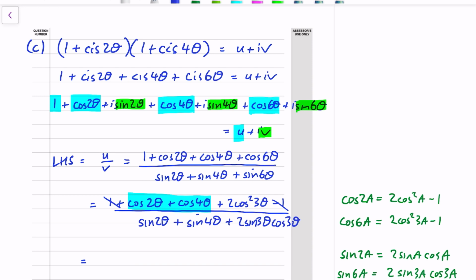Cosine 2 theta plus cosine 4 theta is 2 cosine of C plus D all over 2. That's 3 theta, because 2 plus 4 is 6, 6 divided by 2. And then we've got multiplied by cosine of C minus D all over 2. I just take the bigger one to be the C, so 4 theta minus 2 theta is 2 theta divided by 2 is theta.